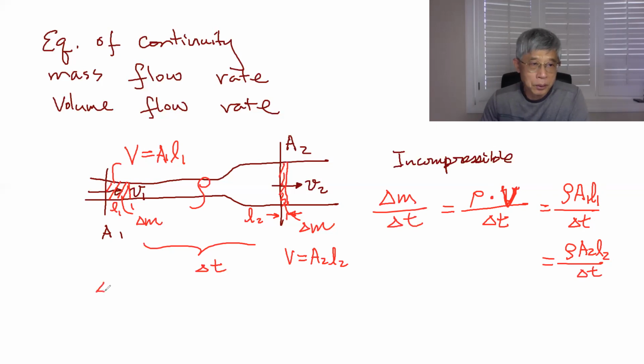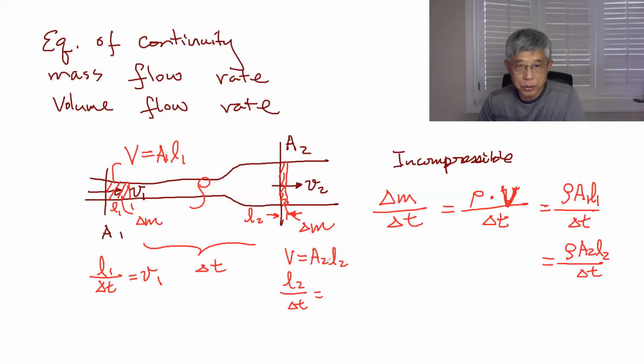But L1 divided by delta T, we're going to call that V1, right? So that's the velocity, distance divided by time. And this is L2 divided by delta T, and that's your V2 right there, okay? Because the pipe is wider, the V2 here we expect to be a little slower, okay?